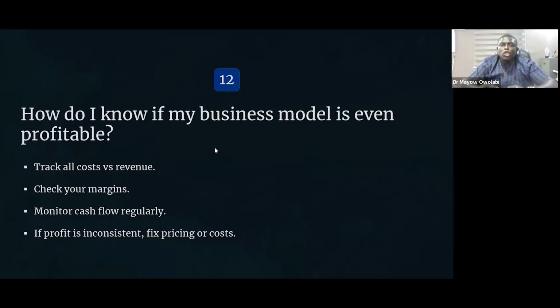You must be able to say, if I use one plastic of flour, half sugar plastic, half this, half that, I can create 10 donuts, and this 10 donuts is 10,000 naira.